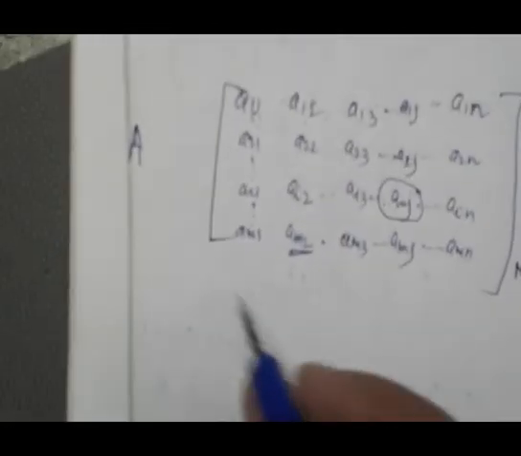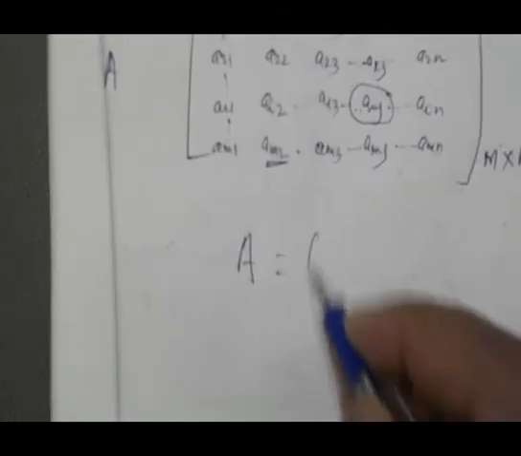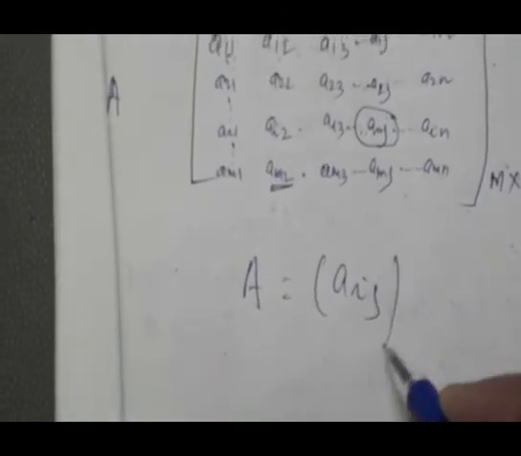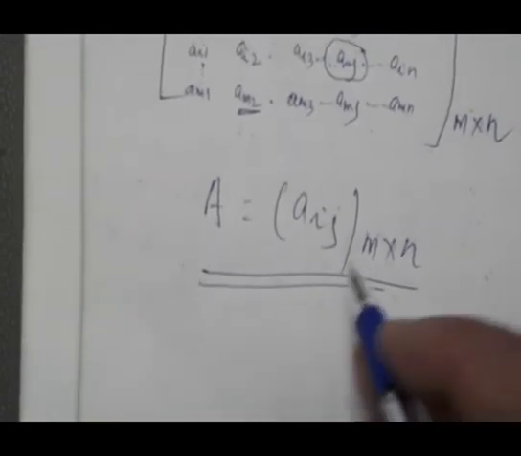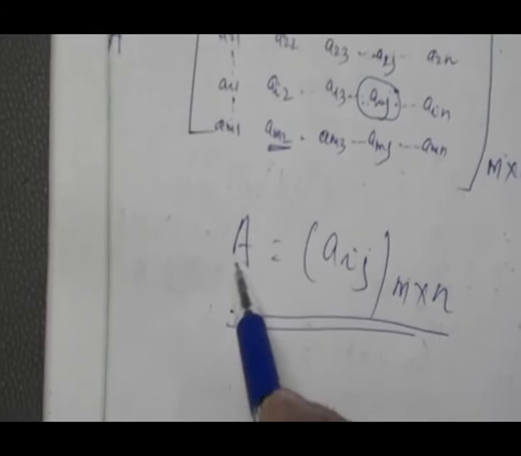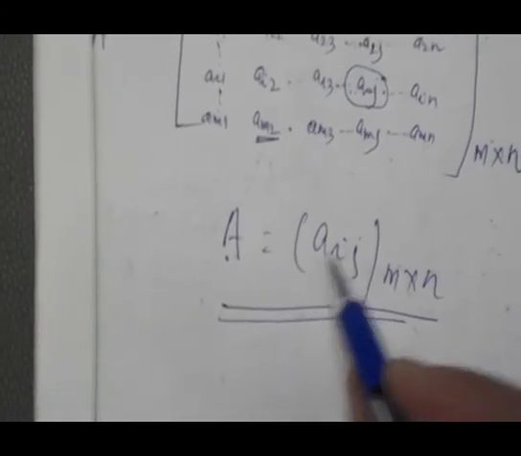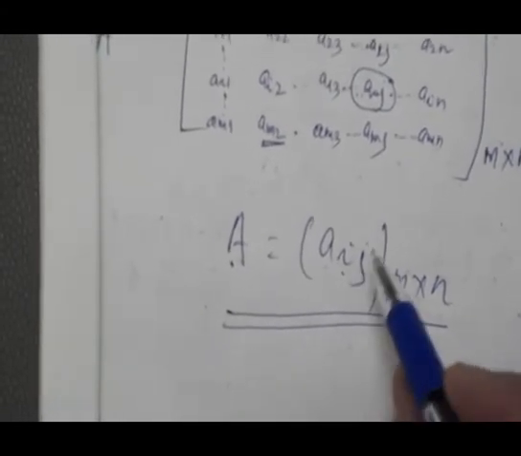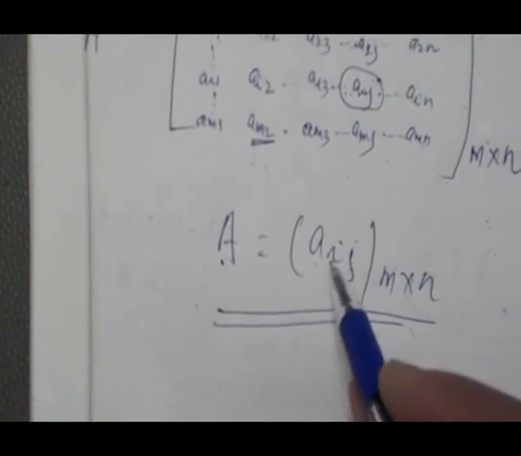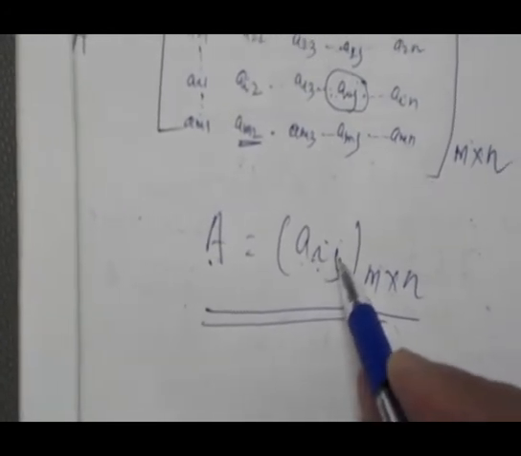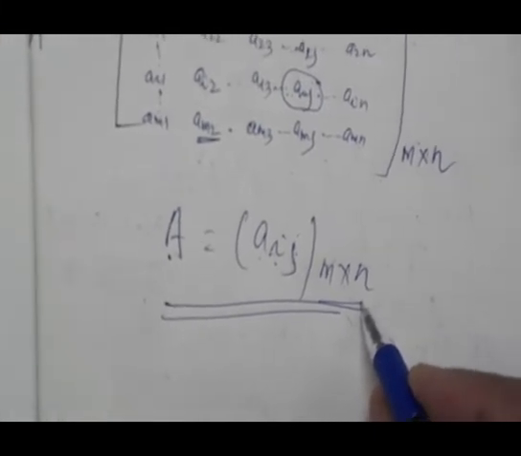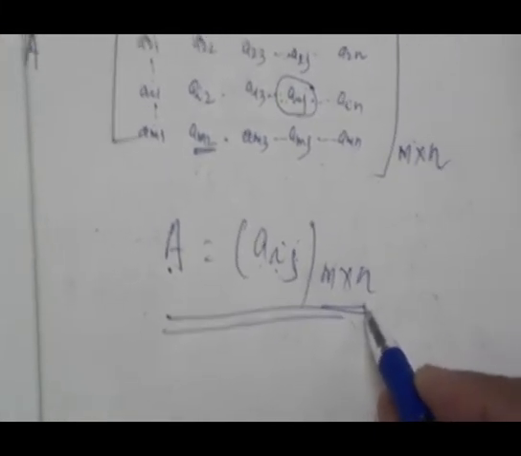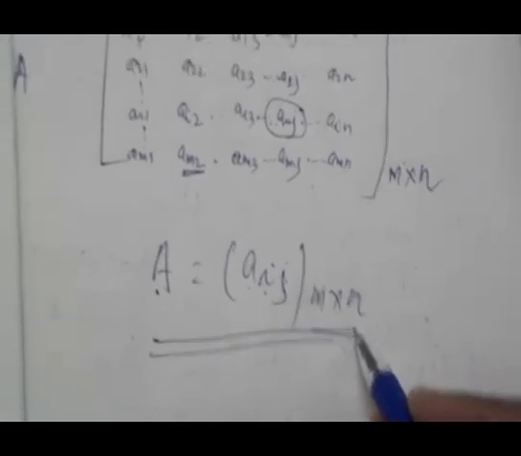So generally Aij is the notation of a matrix. A matrix is always taken in capital letters and the elements are in small letters. These suffixes represent that the element lies at the intersection of the ith row and jth column. This represents that the order of the matrix is m by n: m rows and n columns.